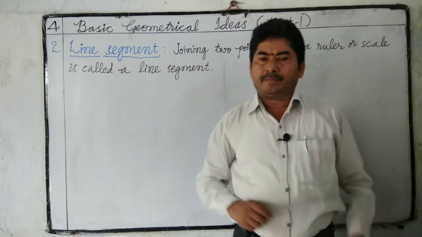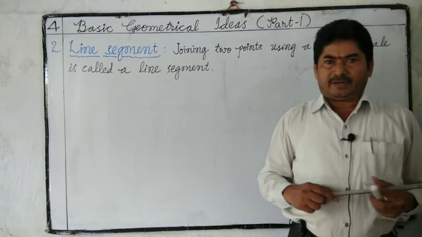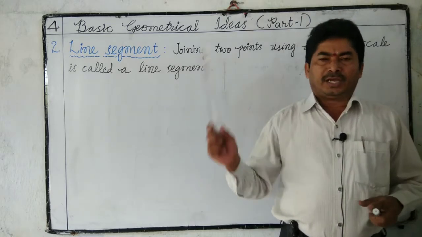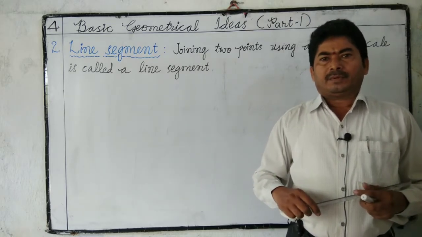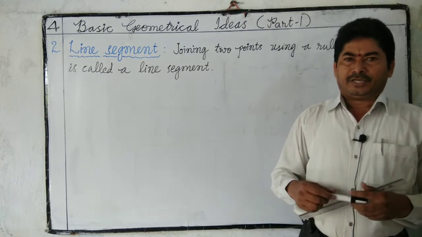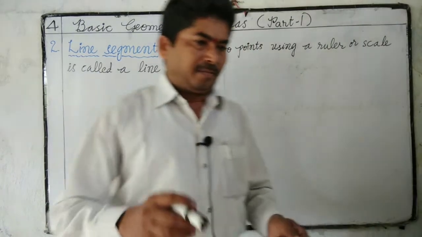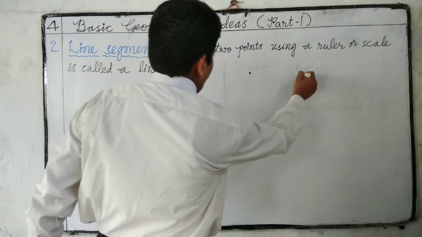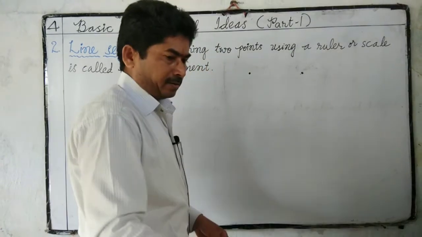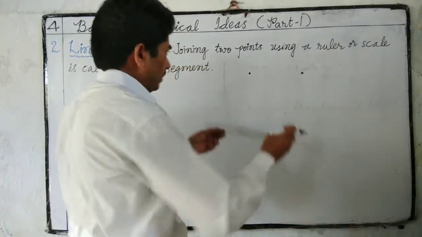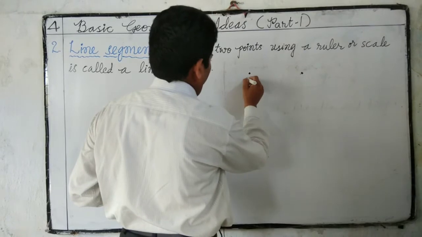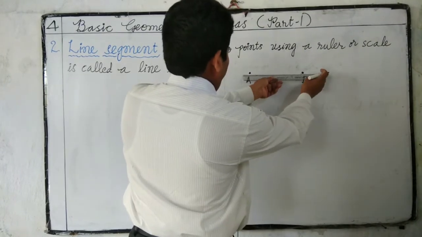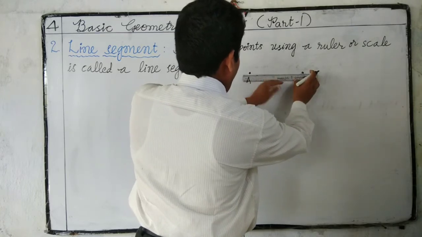Line segment. What is a line segment? Joining two points using a scale or ruler is called a line segment. Let us see the figure. These are 2 points, point A, point B. We are joining these 2 points.